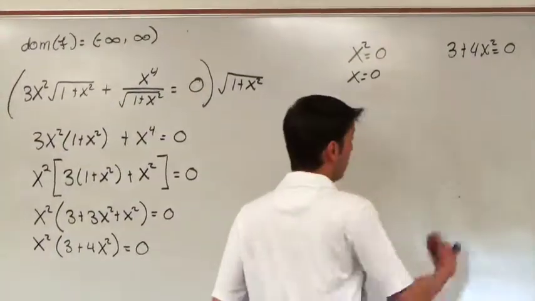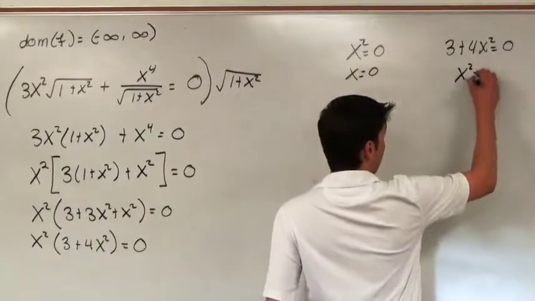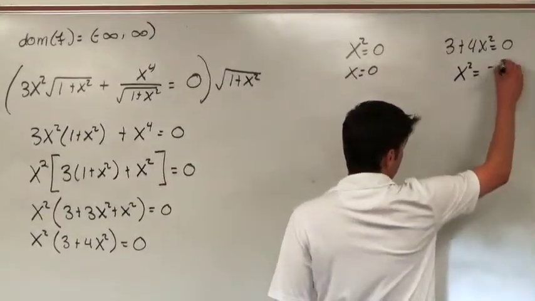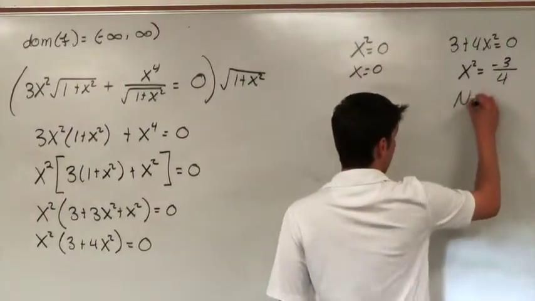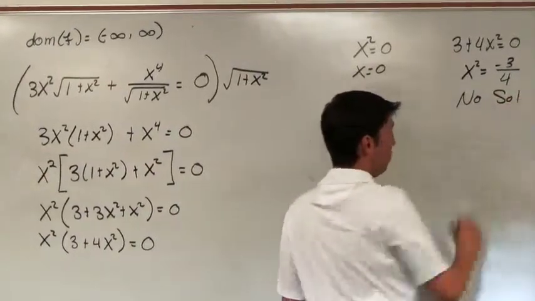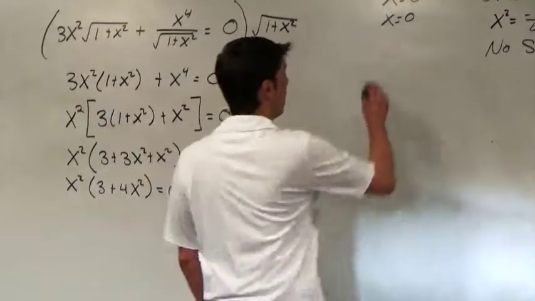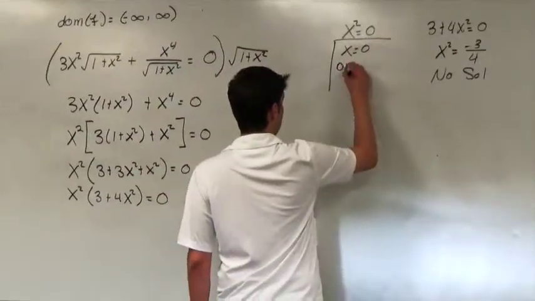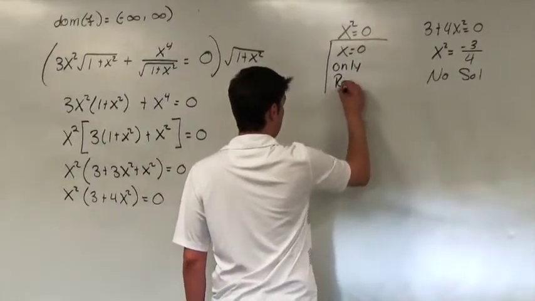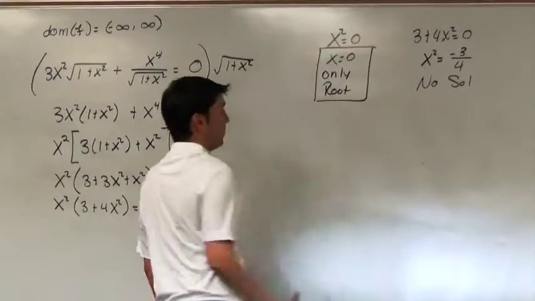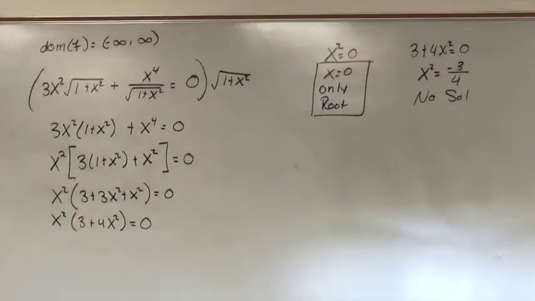If we were to try to solve for 0, we would have to solve for where x squared is equal to negative 3/4, and this just has no solution. So x equals 0 is the only root. So it's the only thing that goes on the number line.